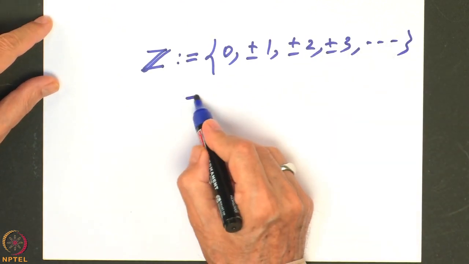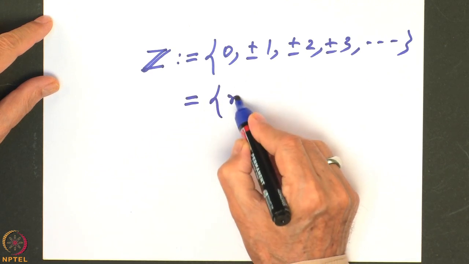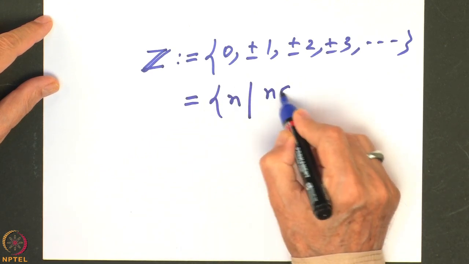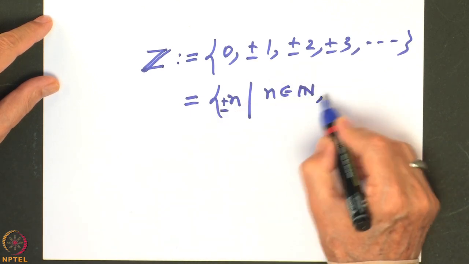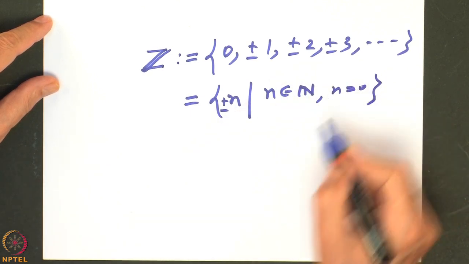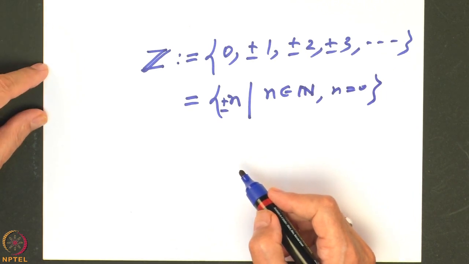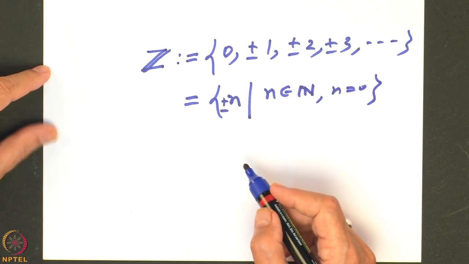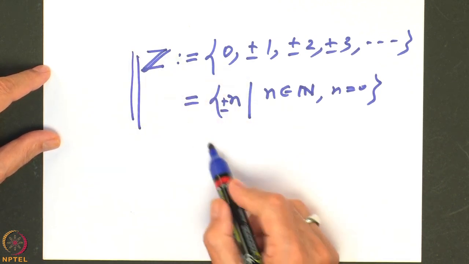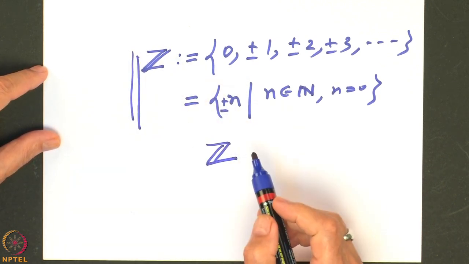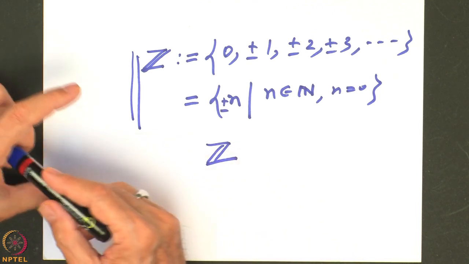Or you can also write it as all n such that n belongs to N, plus minus n, or n equal to 0. This is another way of writing integers. So, either is good enough. So, this Z is the letter which is used to indicate integers.